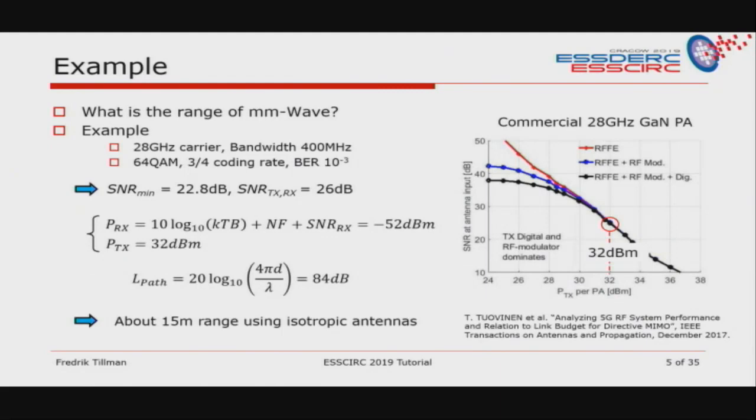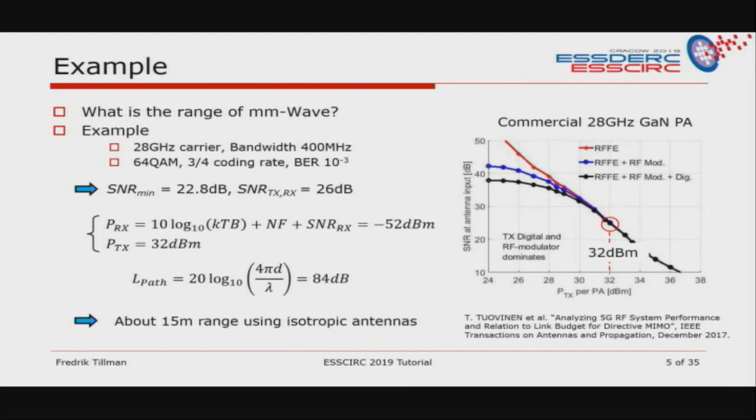So just a short example as an introduction. If we go up to millimeter waves and make an ordinary deployment, let's say we would just bring everything we have and put it on millimeter waves, what would happen really? In this example, we regard a 28 gigahertz carrier with certain parameters of bandwidth, etc. For a given SNR that is required for the link, we can assign an SNR for the RX and the TX.